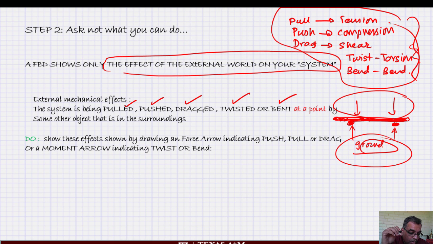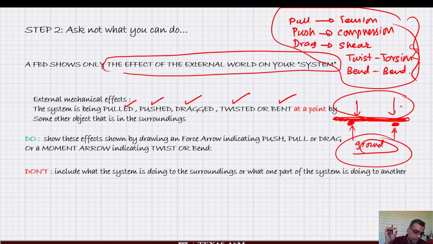Okay, so we draw these effects by drawing arrows. I showed you some arrows. We will get into more detail. I'm just giving you the big picture here. Okay, and we do not include what the system is doing to the surroundings. So to give you an idea, let's say you're walking down a dark alley and suddenly a bunch of people attack you.